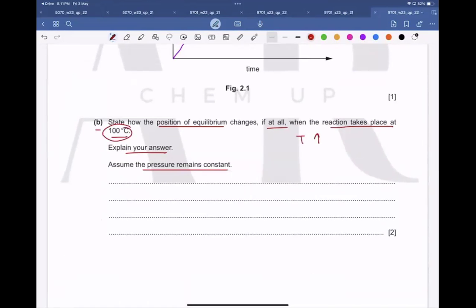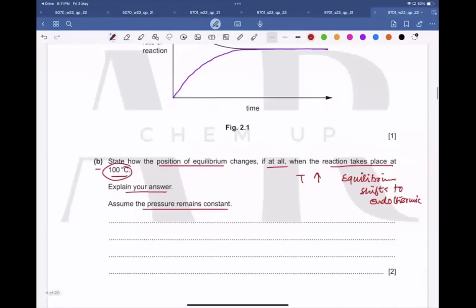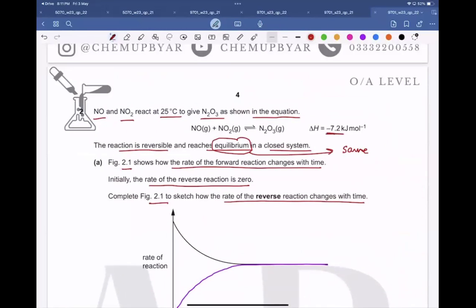Remember, when the increase in temperature occurs, equilibrium shifts to the endothermic side to reduce the excess heat. If you look at this reaction, it's minus 72, so the forward reaction is exothermic, and the backward reaction is endothermic. So if the backward reaction is endothermic, it means that if we increase the temperature, equilibrium shifts towards the back or towards the left. Okay.